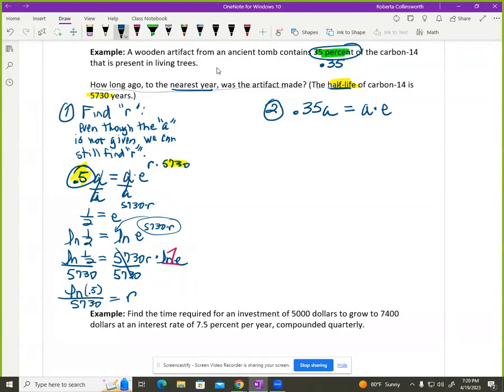So R is ln of 0.5 divided by 5,730 times T power. Again, I'm going to do the same thing that I did here. I'm going to divide both sides by A.